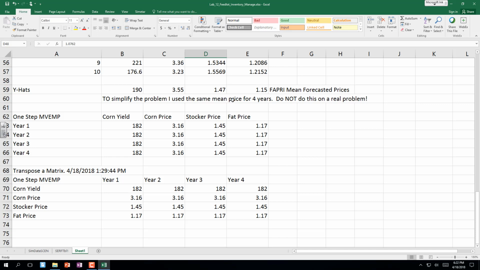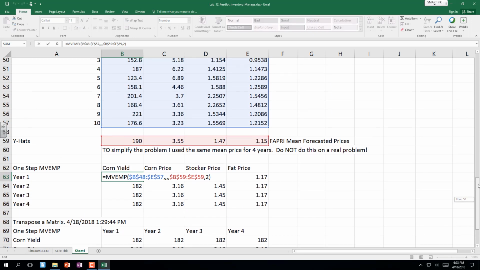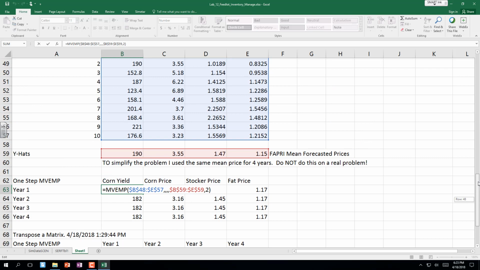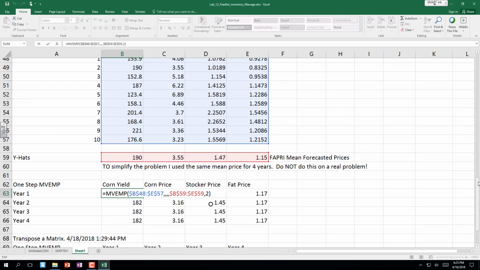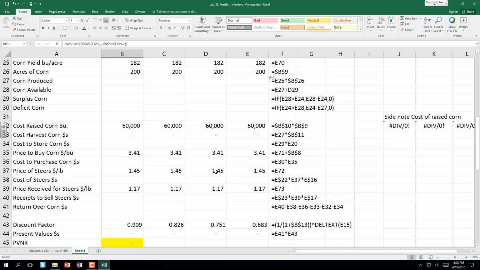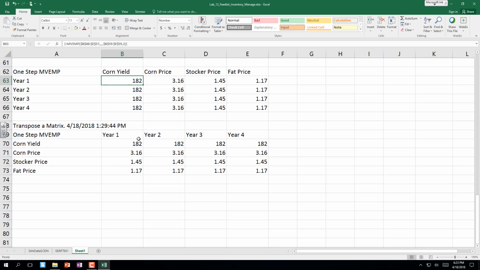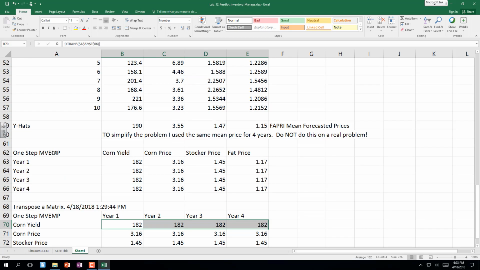Okay, I didn't want to put a whole lot of work into this. So I simulated that as a one-step multivariate empirical. Okay? Again, to simplify it and to make this doable. Okay. So that's what we've got. So I just brought those numbers back up here. And I simulated them one direction, then I transposed the matrix so I'd have years going across for my variables. Okay, we've all done that before in homework, right?